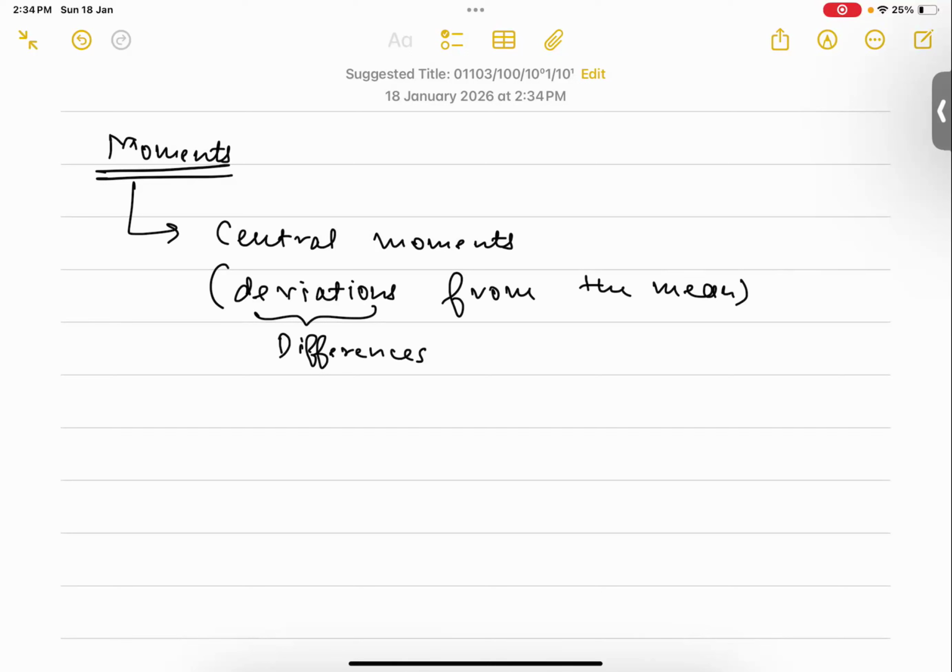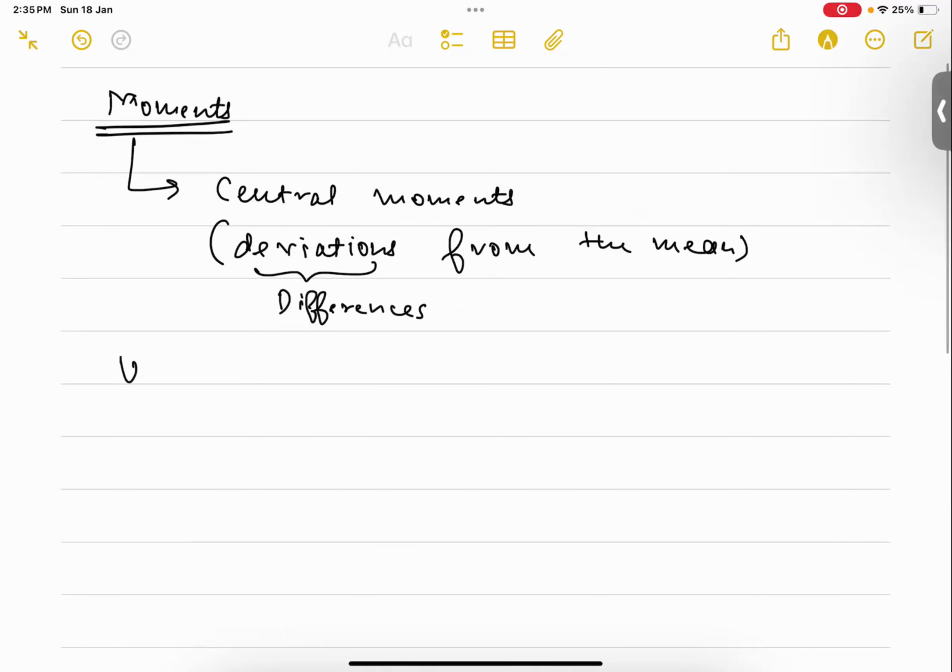Copy this. You can copy parallelly. So ungrouped data, which is frequency-less, that means there is no frequency over here.